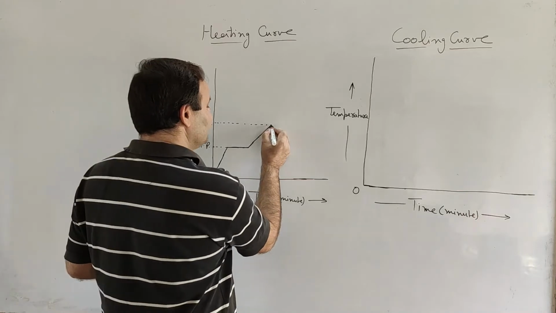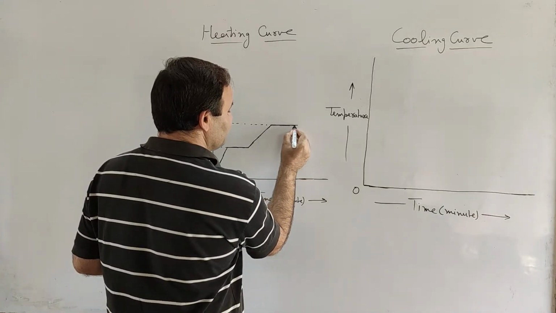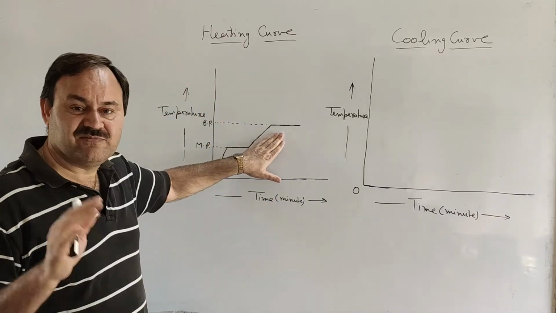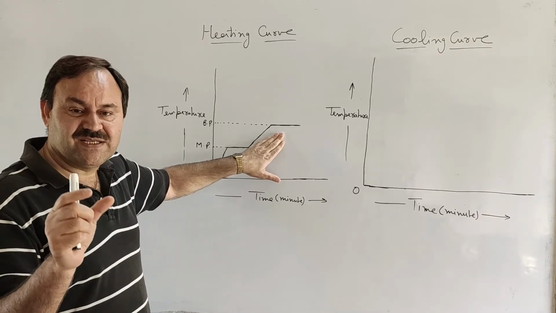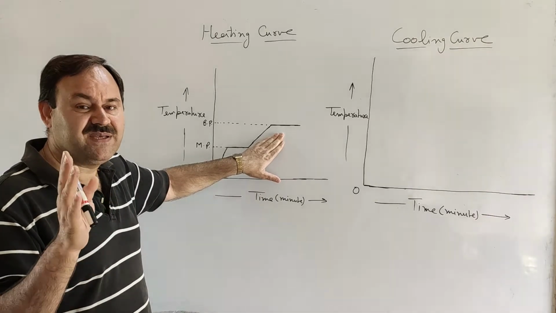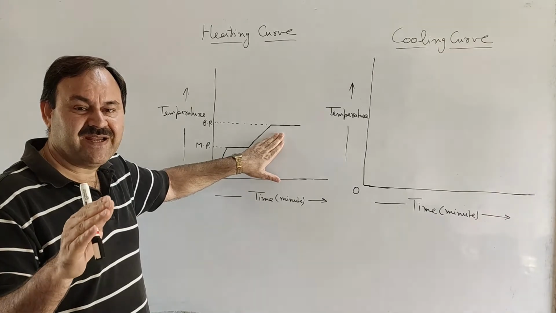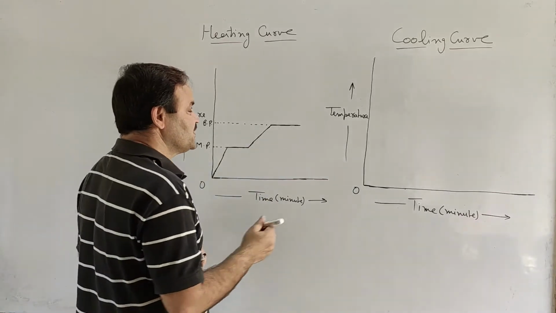At boiling point, the temperature will remain constant while the heat supplied to the liquid will be utilized by it to increase intermolecular separations by breaking the intermolecular bonds, and hence to increase the potential energy of molecules.